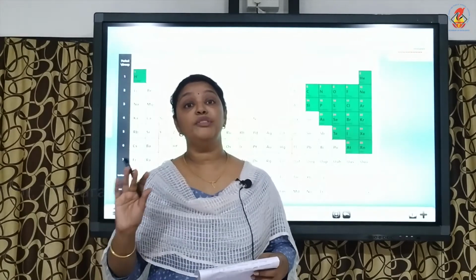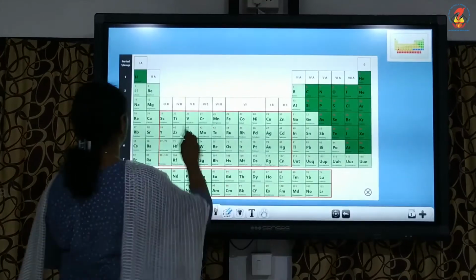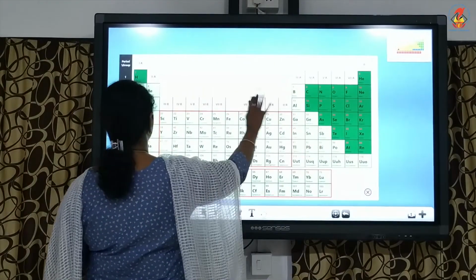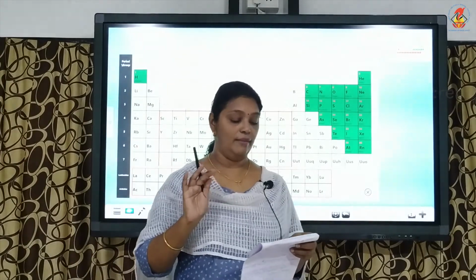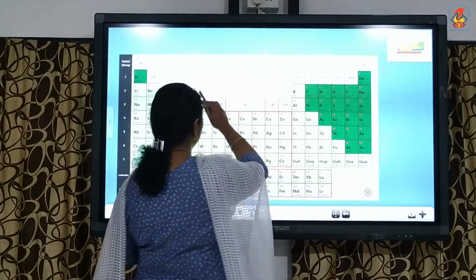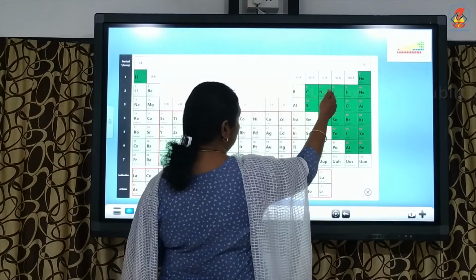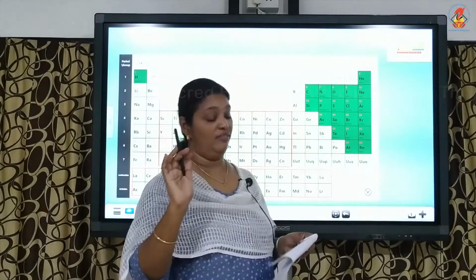Now the number of shells remains the same across the period, because you can see here the n value remains the same. Second period n value is 2. It remains the same, and electrons are added to the same shell. When you move from one element to the other, one electron is added to the same n value.